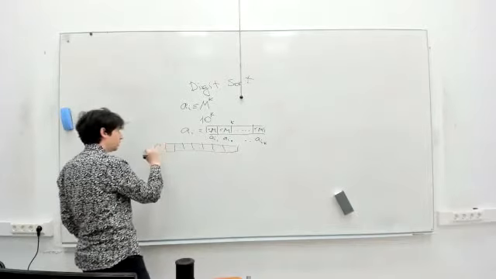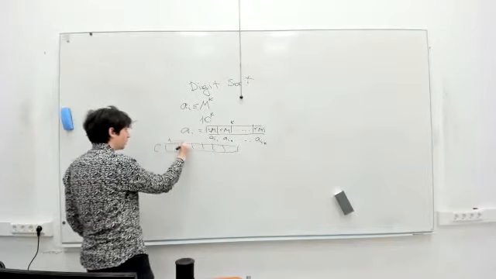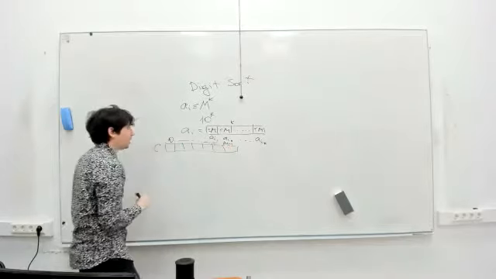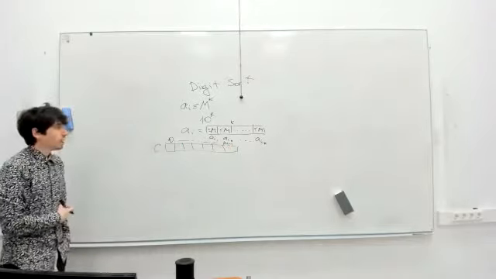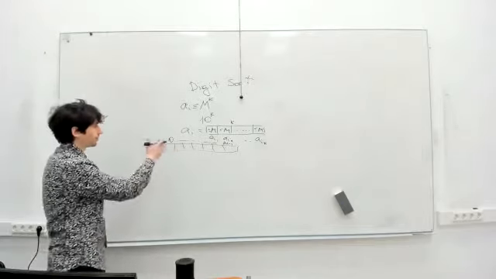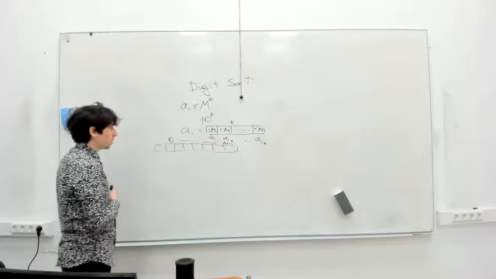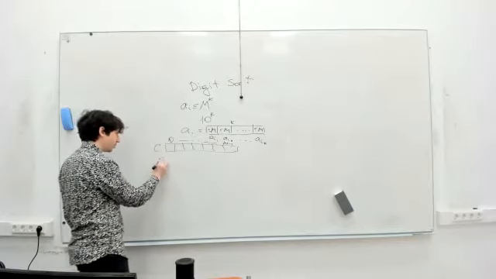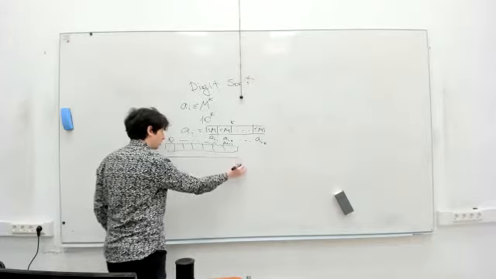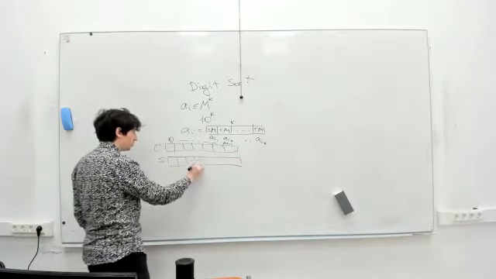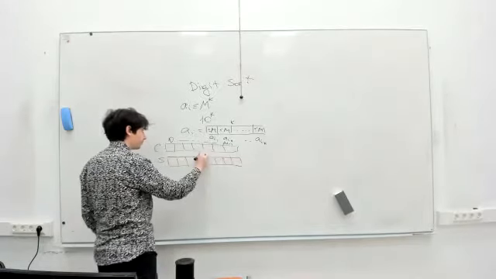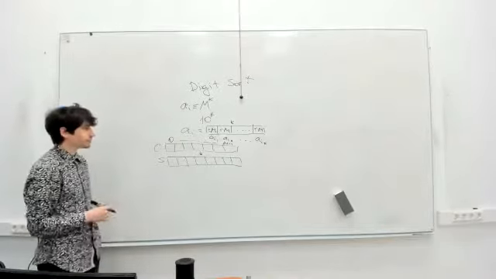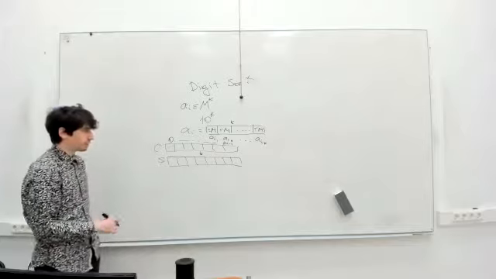So this is array C, indexed 0 to m minus 1, and you calculate the frequencies. Then you calculate the prefix sums on array C.